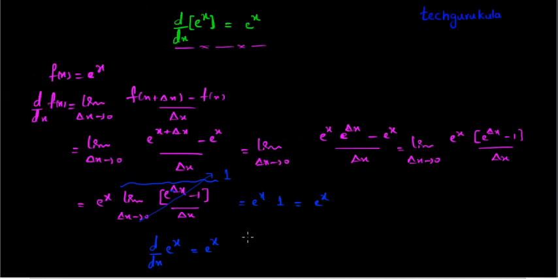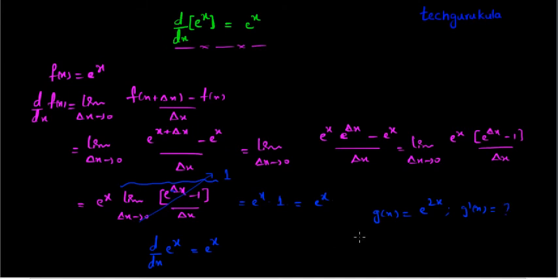So we have seen this case, but suppose we have a function, say g of x equals e power 2x. What is g dash of x, which is nothing but the derivative?